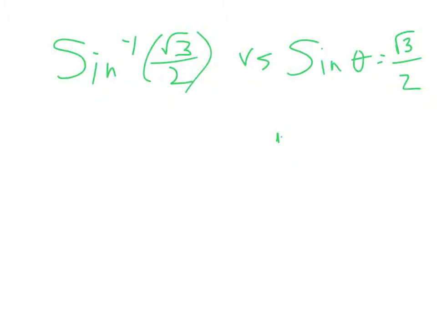The one on the left is an inverse sine question. This one has only one answer. This one has 2 answers. Would you please find both? And in a moment, I'm going to ask you to check with the kid next to you to see if you got the same answers. Do it with inverse sine, where you're only getting one answer, and then do it without inverse sine, where you're going to get 2 answers. I'm going to pause for a second while you do that.